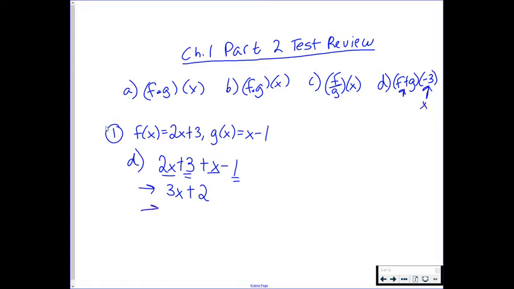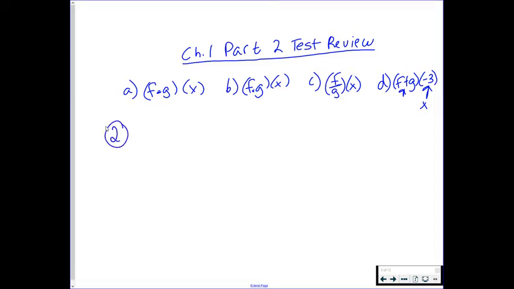What that means is everywhere that we see an x, we're going to substitute in negative 3 for that x. And then simplify that. 3 times negative 3 is negative 9, plus 2 is negative 7. And that's how you do question 1, parts A, B, C, and D.